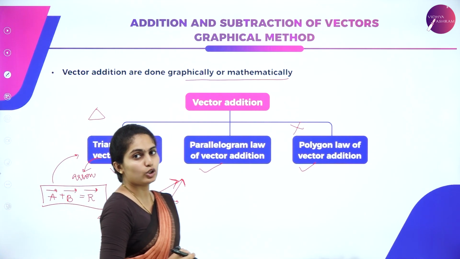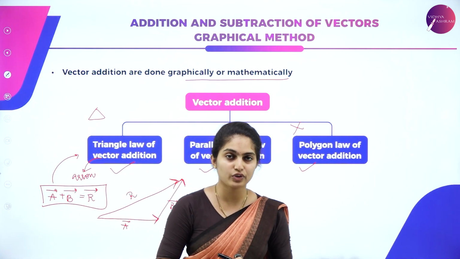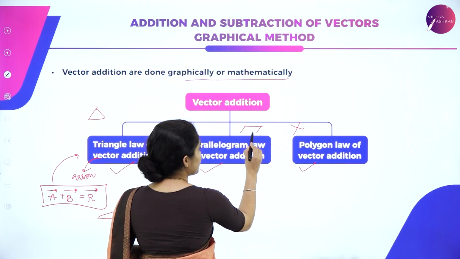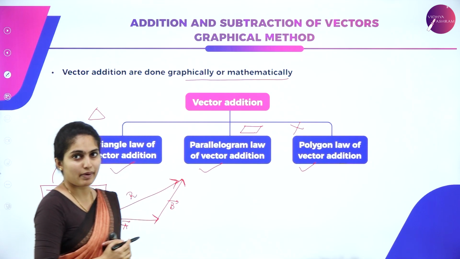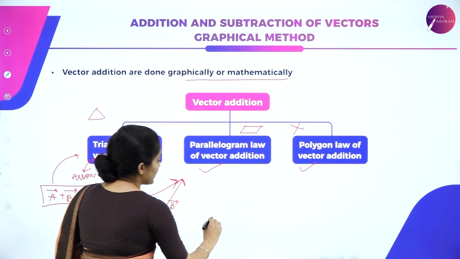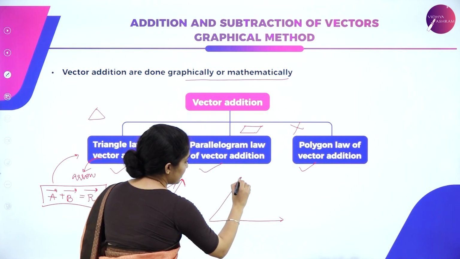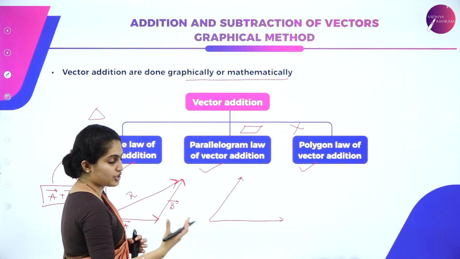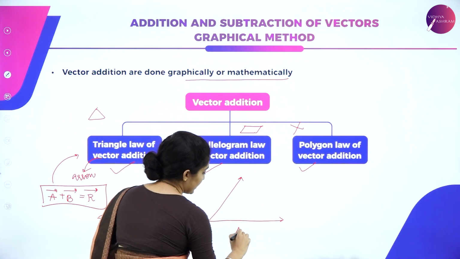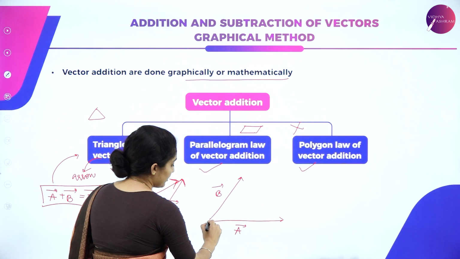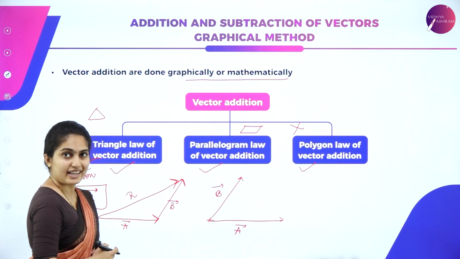Similarly, we have the parallelogram law of vector addition. How do we go on with it? You know, a parallelogram is given in terms of all 4 sides which are parallel to each other. Suppose there are 2 sides given with certain directions and magnitude, call them vector A and vector B, having a fixed tail.